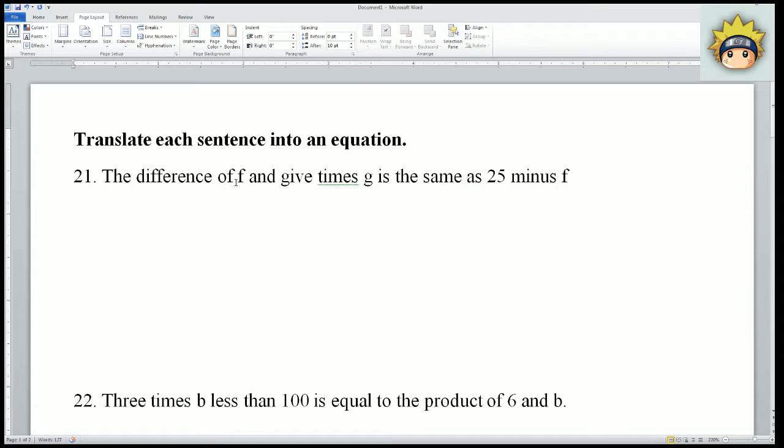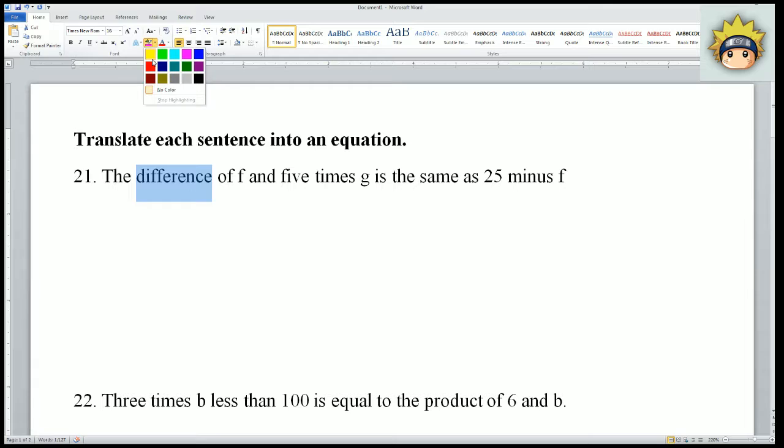The difference of f and 5 times g is the same as 25 minus f, right? So let's get some important parts out. Let me highlight this because this seems important.